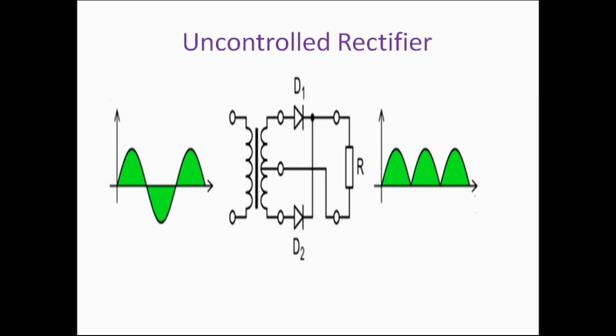We have already studied this uncontrolled rectifier. What is the job of rectifier? Rectifier converts AC to DC, alternating current to direct current. For an example, some appliances, here I have shown this as a R resistance.